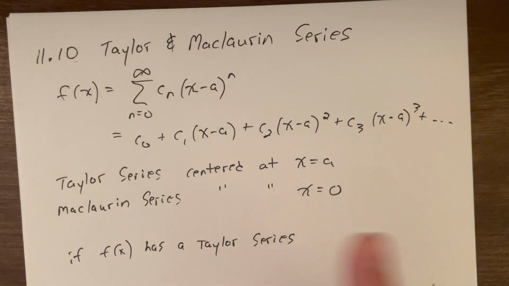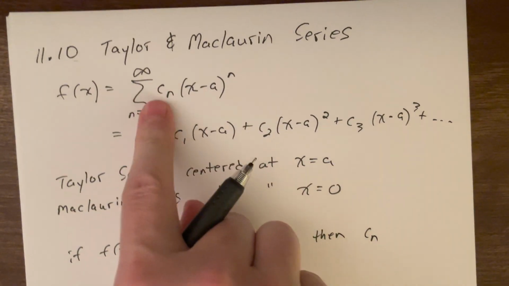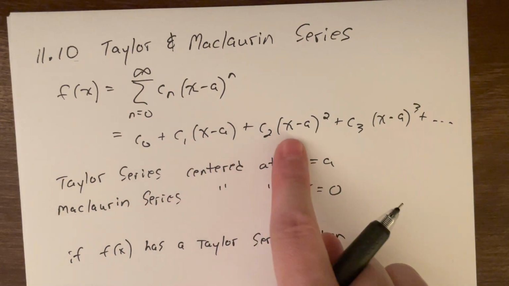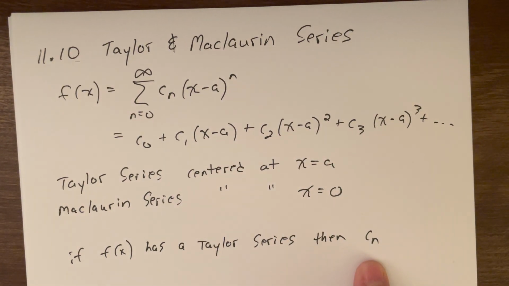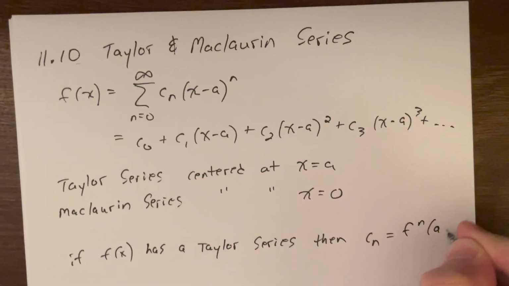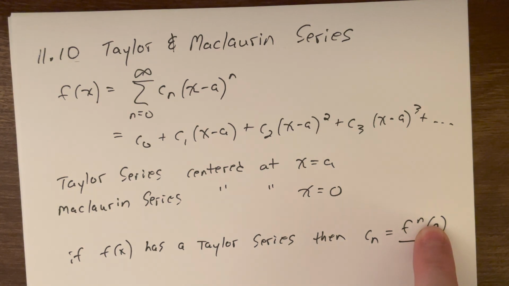If we have a Taylor series, then the c sub n, that sequence of coefficients, all these multipliers out in front of all the individual x terms, those c sub n's are equal to the nth derivative, that's the notation for the nth derivative at the specific value a.